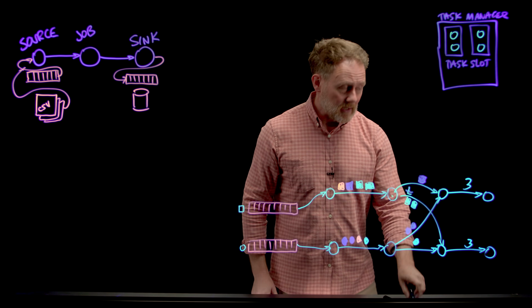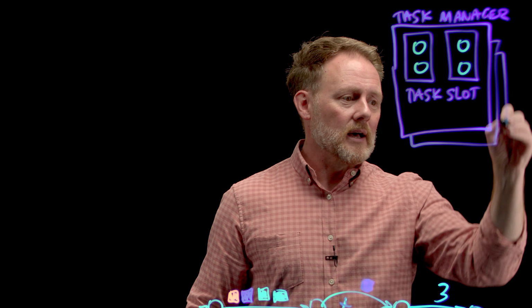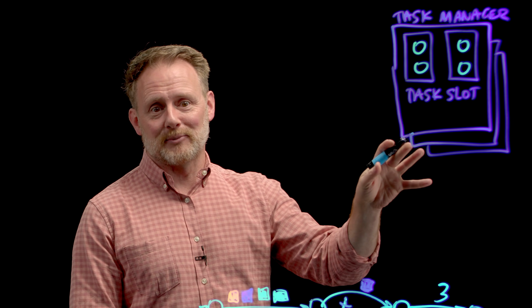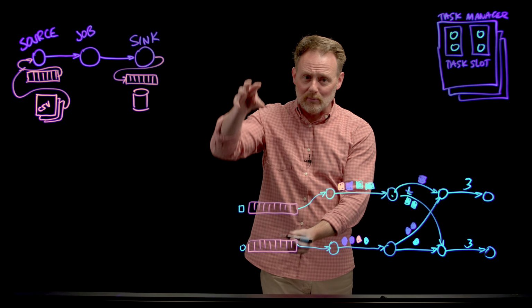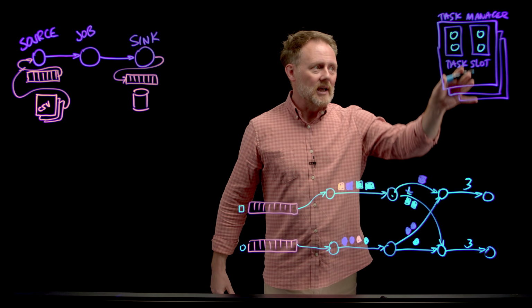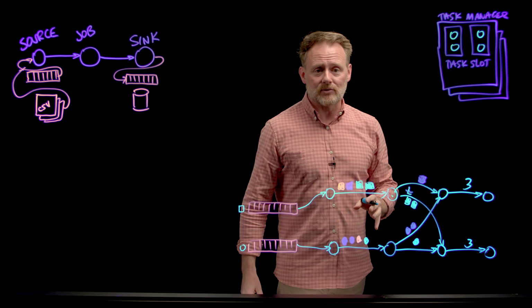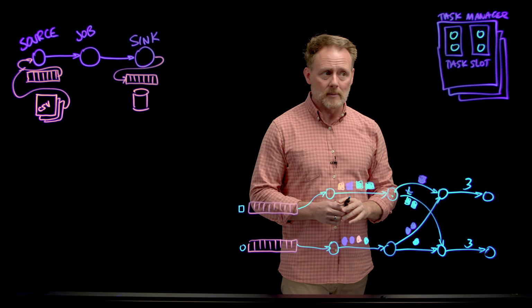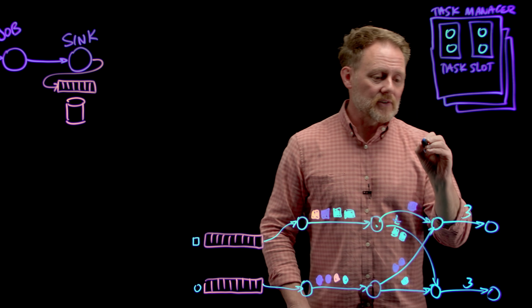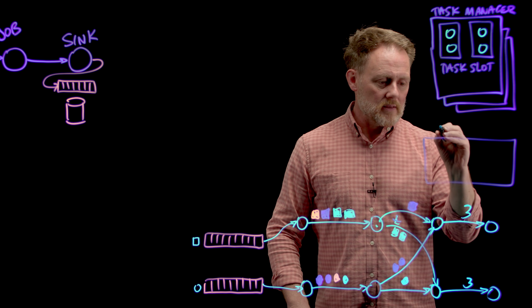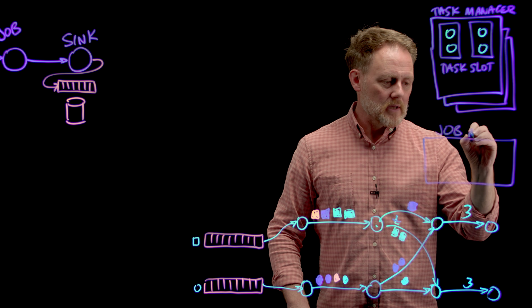Because Flink is a distributed system, of course, I might have lots of task managers. I might want to scale that out if I've got a really big job, lots of partitions, multiple jobs running. I might want there to be lots and lots of tasks to be able to do all that work. The stream processing topology gets decomposed and the tasks get scheduled by the job manager.